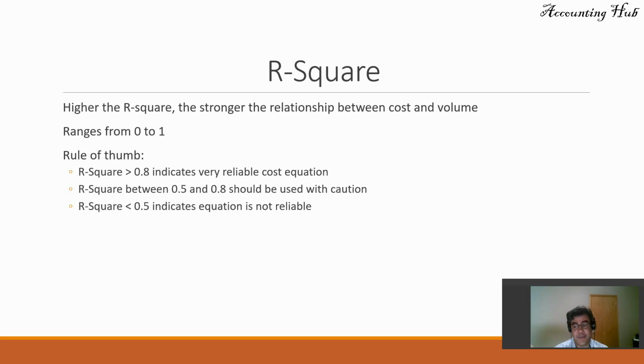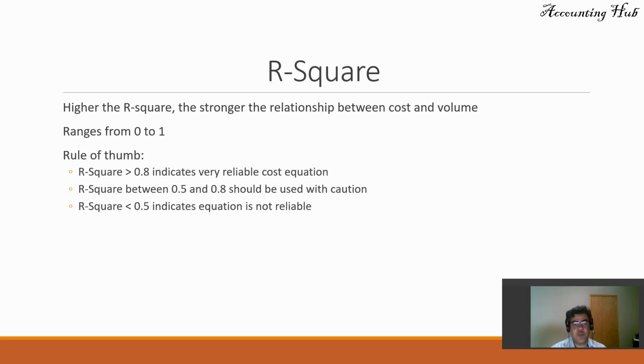And the rule of thumb, no scientific study here, only what companies in practice use: an R square greater than 0.8 or 80%, such as a B grade, indicates a very reliable cost equation. So you can use it, no problem.